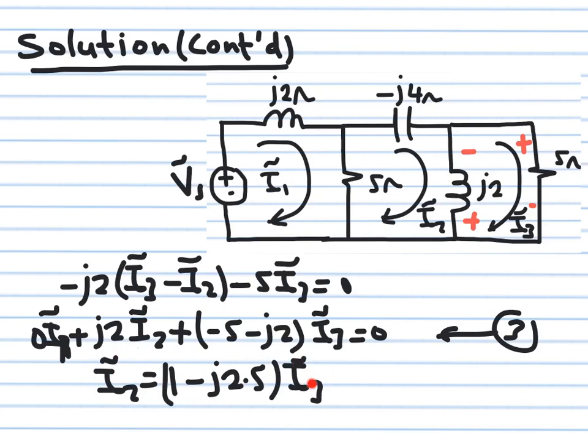I could use this equation to eliminate I2 from equation 2 and equation 3 to have only two equations and two unknowns if I want to, okay? But what I did here, I simply used my calculator to obtain a solution for these three equations, equation 1, equation 2, and equation 3.